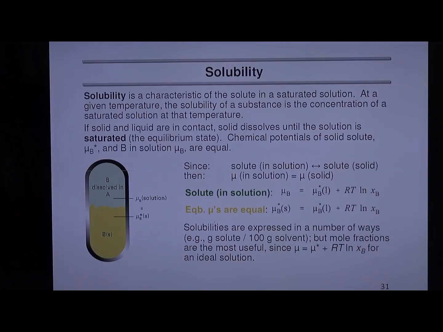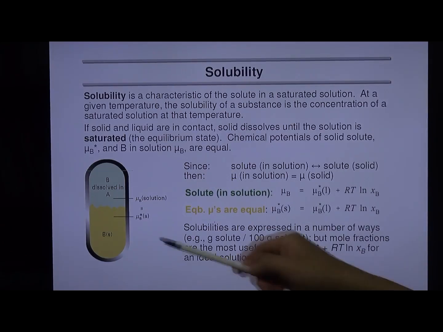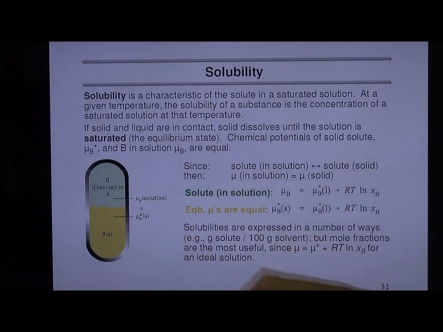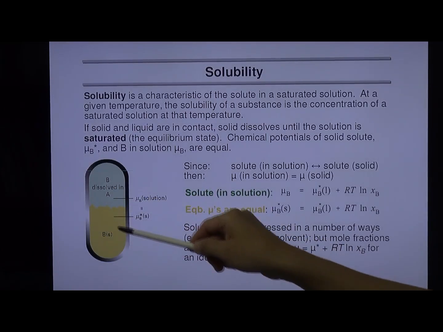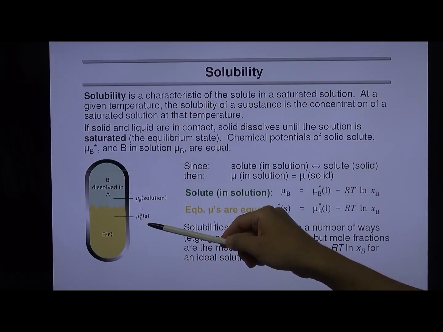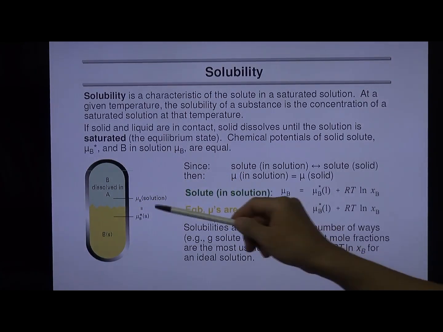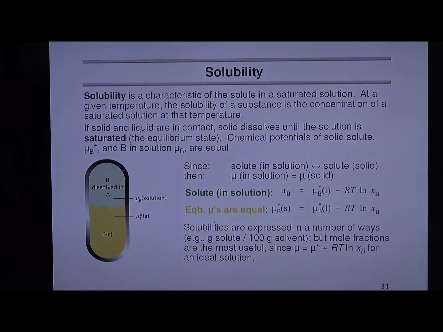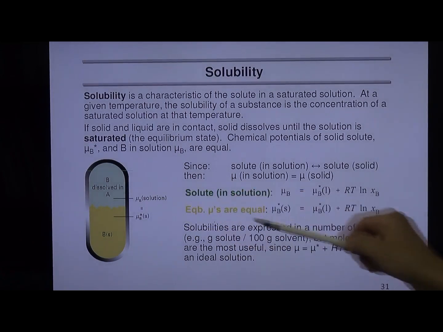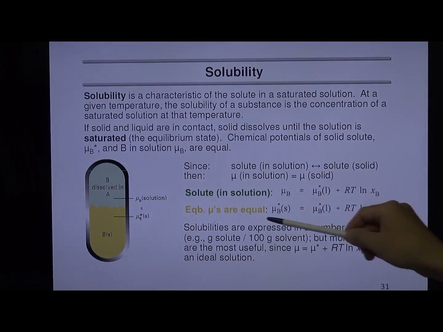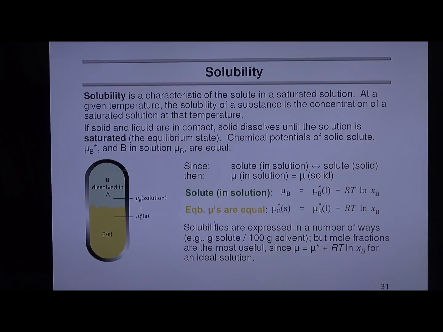At some temperature, these two phases would be in equilibrium. At equilibrium, the chemical potential should be the same for B: the chemical potential of B as solid and the chemical potential of B in the solution. They should be the same. Since this is the same, we get this expression, same as we got for boiling point elevation or freezing point depression.